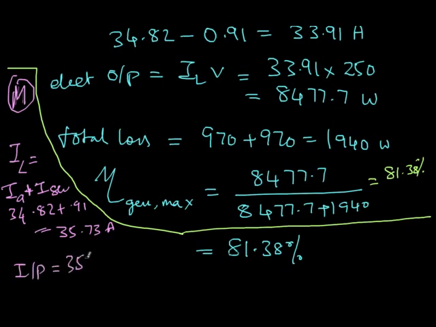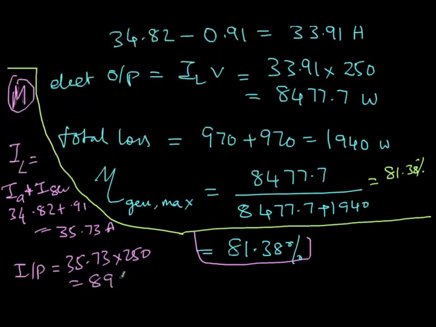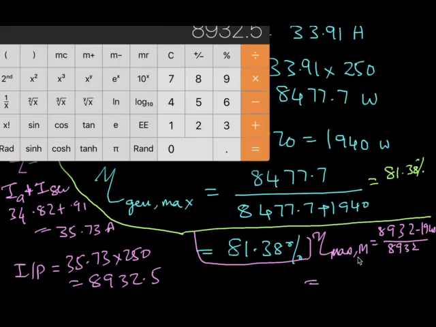Input will be 35.73 multiplied by 250, which is 8932.5. Therefore, the maximum efficiency working as a motor will be input 8932 minus 1940, divided by 8932 again. So that is 78.28.